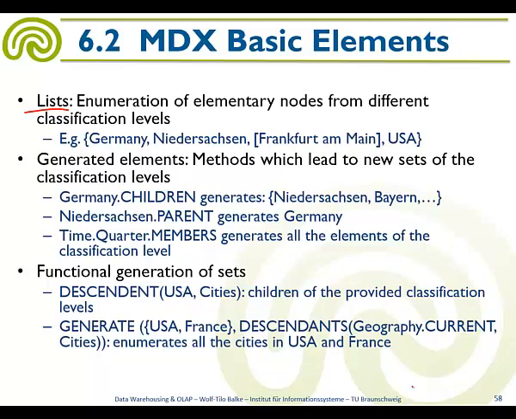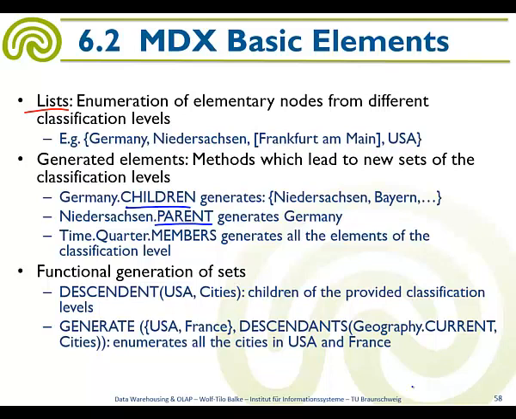Then you can have different elements that show the roll-up and drill-down features. So you can, for example, say I want the children of Germany, which means I drill down to the children of the node Germany, which might be states: Niedersachsen, Bavaria, Westphalia, and so on.